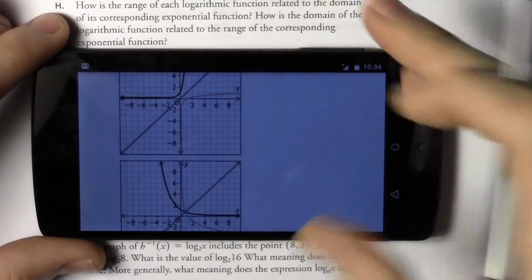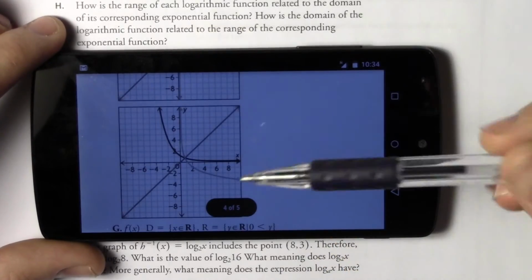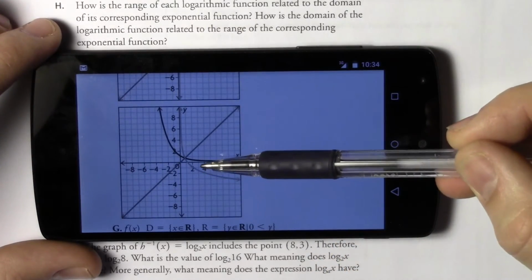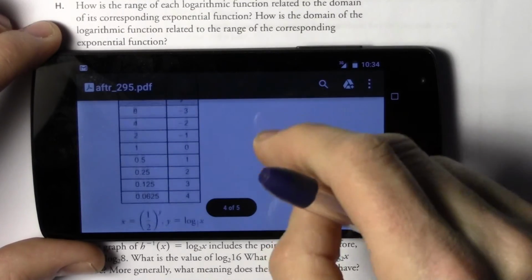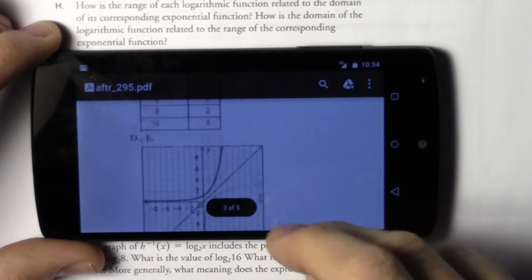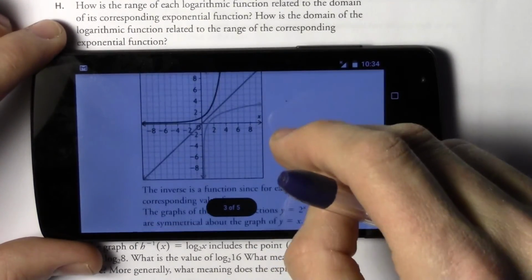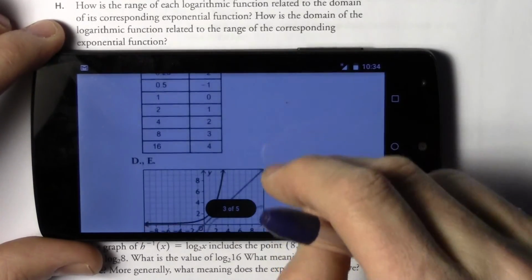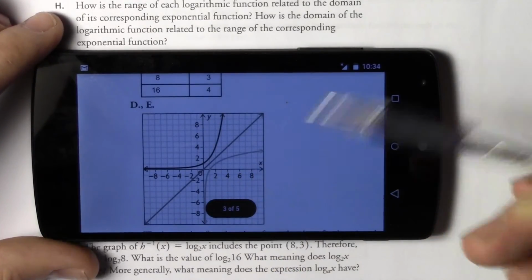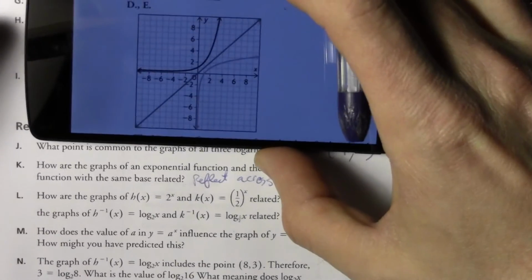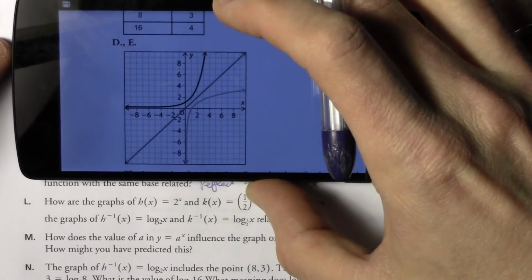So the graph we're considering is this graph here, which is 1/2, and this graph here, which is 2.